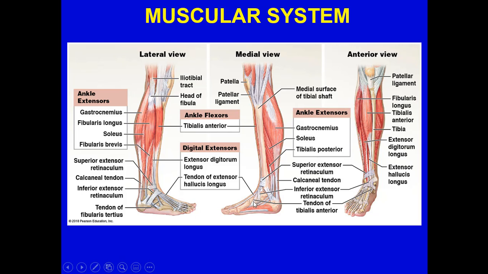Then you have the tendon of the tibialis anterior here. You see where that comes down here. Then you have the extensor hallucis longus, which comes down here and eventually comes to the hallux, which is the big toe. Extensor digitorum longus is here, the tibialis anterior, and the fibularis longus over here.